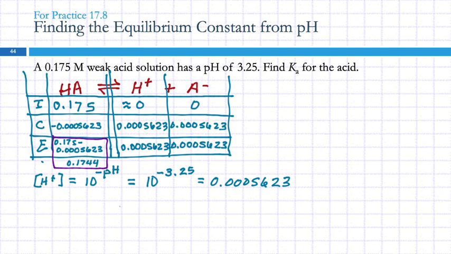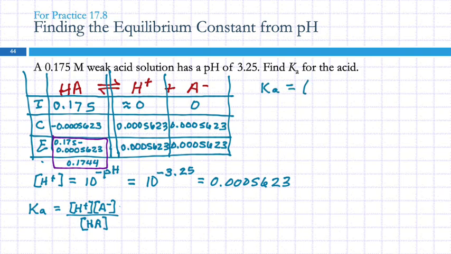So we're still going to use the Ka expression. But now, instead of plugging something in for Ka, we're solving for Ka. So Ka is equal to these numbers in there.